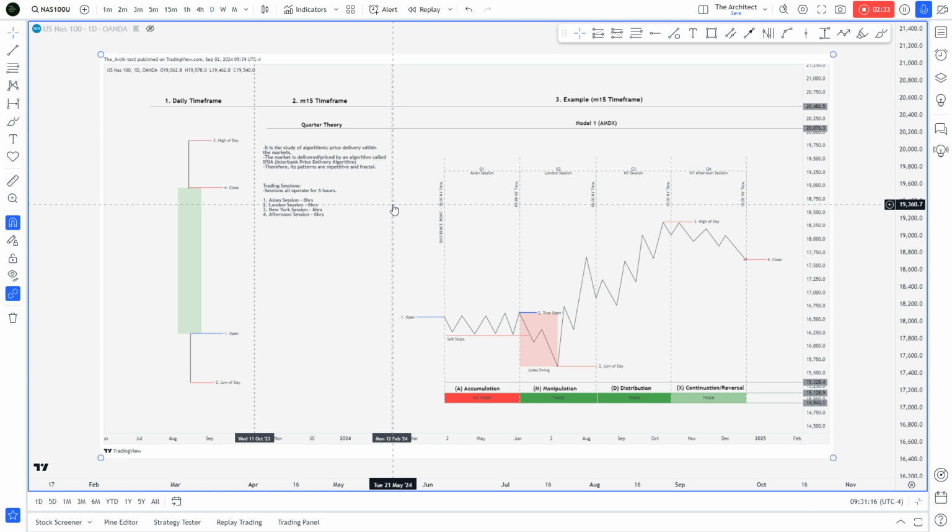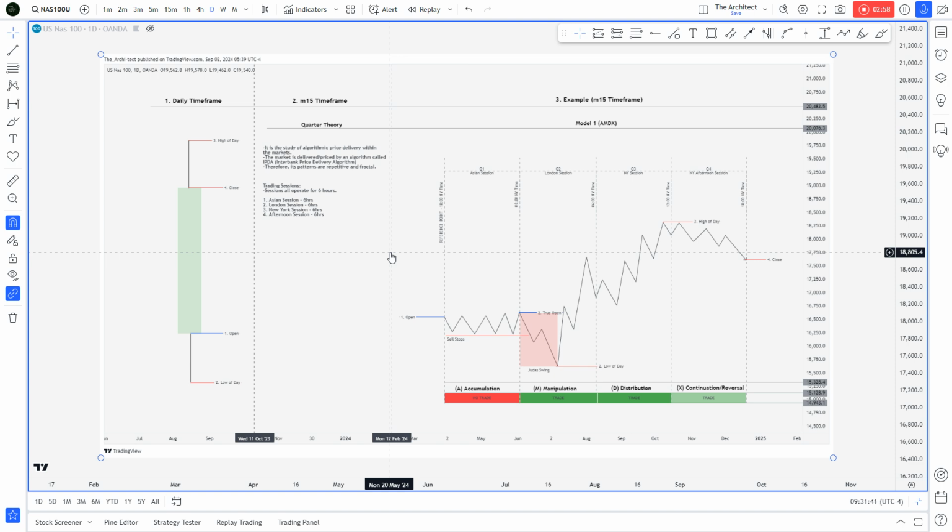You divide it quarterly. And once you start doing that, you start to discover that each session will operate for 6 hours. So what that means is the Asian session has its own 6 hours, the London session has 6, the New York morning session has 6, and then the afternoon New York session has 6 as well. And all of that makes up the 24 hours within a day.